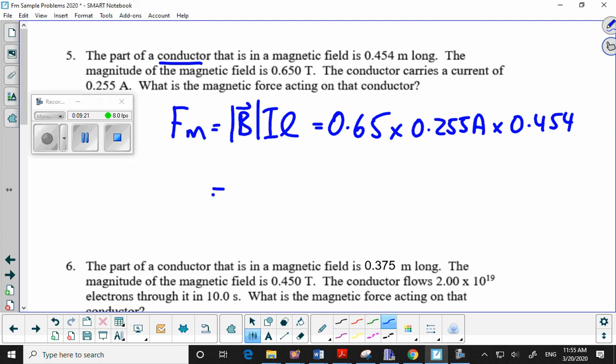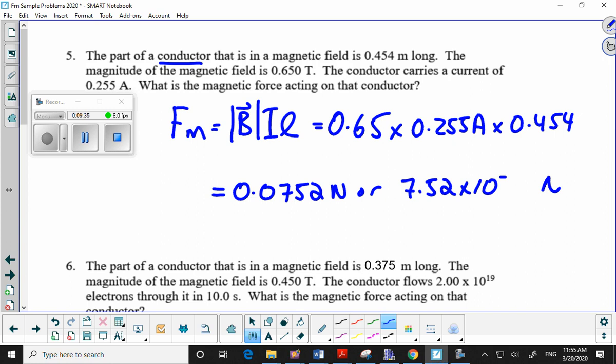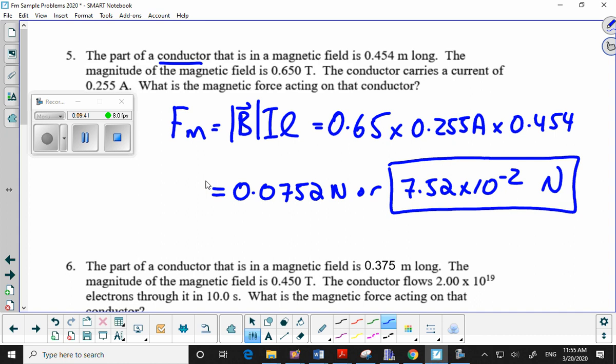Punching that in the old Texas Instrument, I got 0.0752 newtons, or 7.52 times 10 to the minus 2 newtons. Check that one. I didn't do that one ahead of time, so make sure I didn't make a calculator mistake.